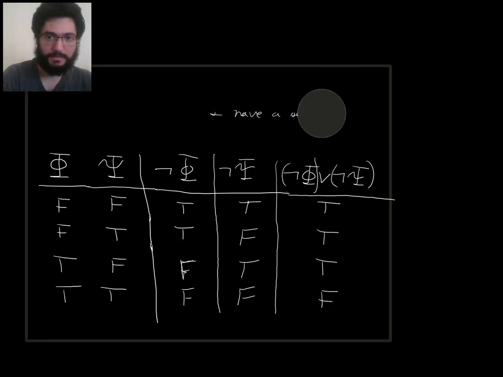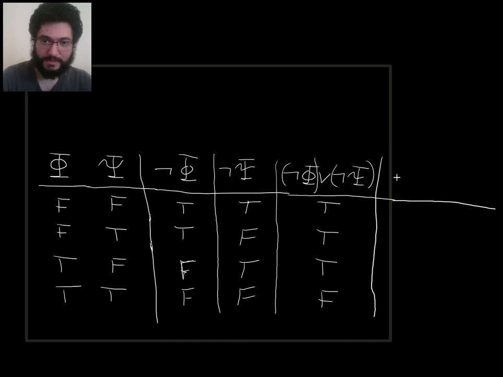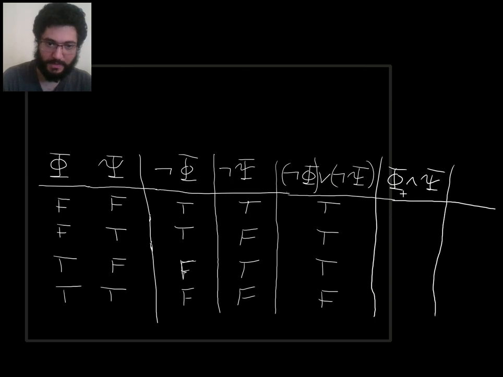Okay, so now I want to look at phi and psi, just for fun. Let's fill in what this was again. False and false led to false. False and true led to false. True and false led to false.